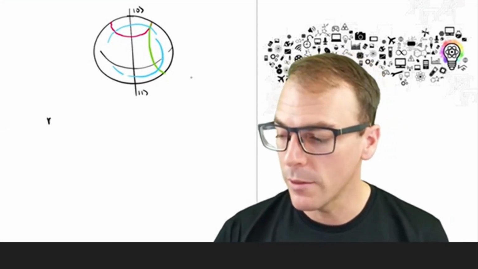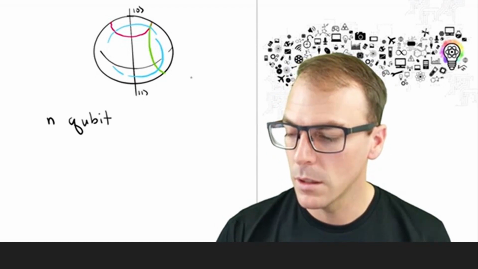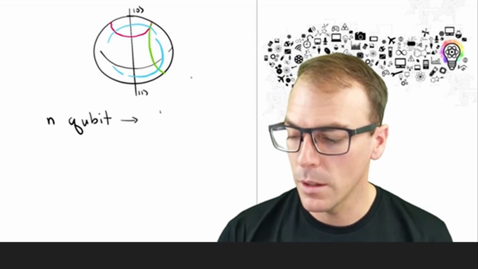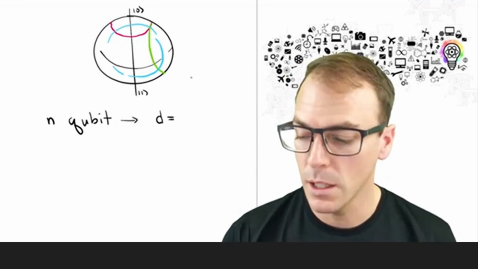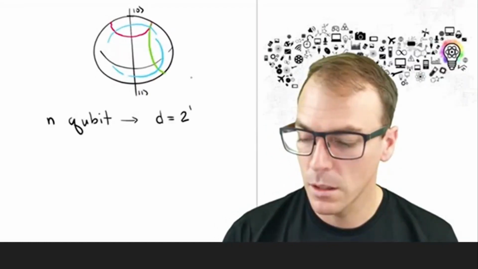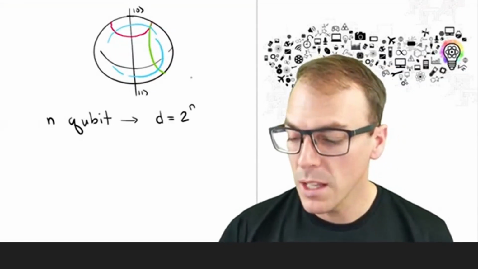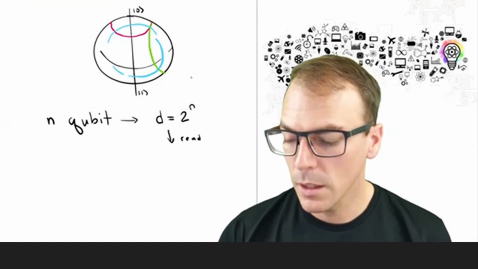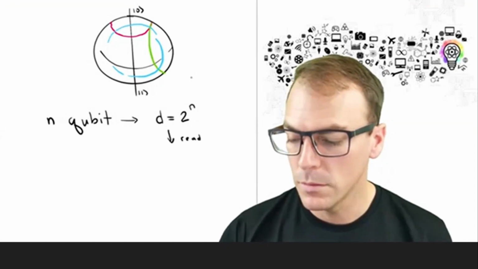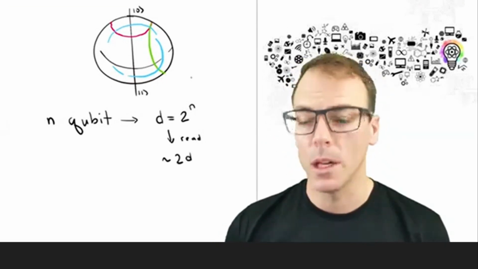In general, if I have n qubits, then the dimension d, so the number of complex numbers I need to specify it, is 2 to the n. And in fact, to read that data, I need something like, not exactly, but something like 2 times d different measurements.